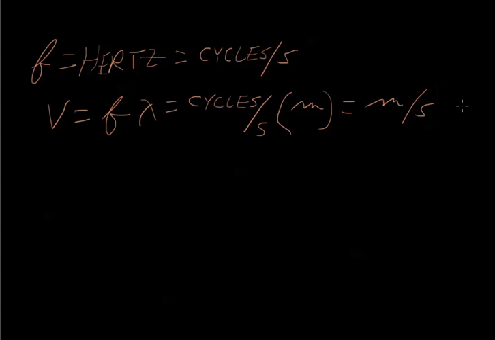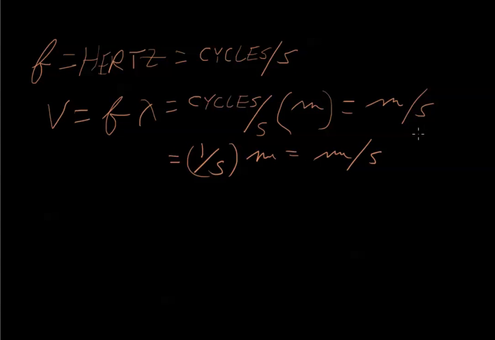And that is the formula for wave speed. A little bit different than for an object that is running, but it really works the same way. A lot of times you're going to see this written as 1 over s, and again times m. It'll give you meters per second.